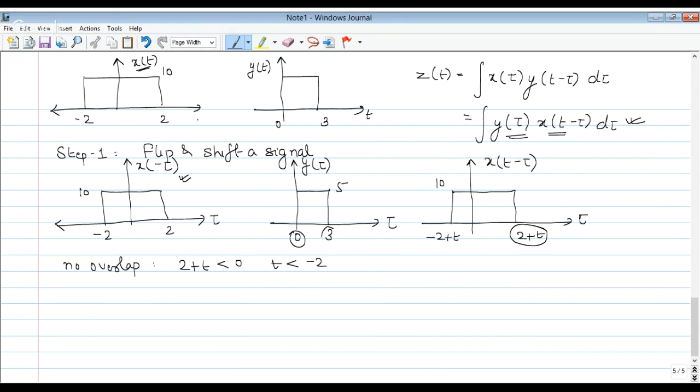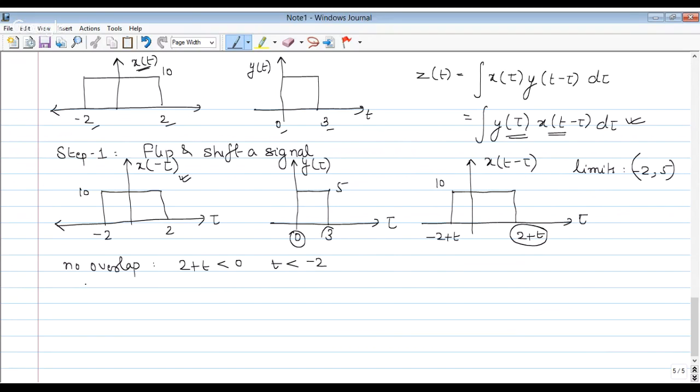Otherwise, you can also evaluate the limits of convolution. How? The lower limits minus 2 and 0 add to minus 2. The upper limits 2 and 3 add to 5. So below minus 2 and above 5, the convolution would be 0. Take the next case.